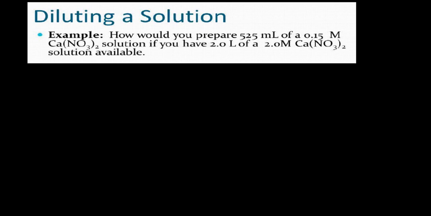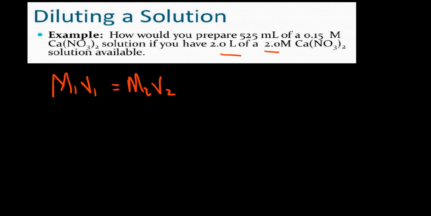Whenever you see such a question where they're saying how can you prepare, just know it is the dilution formula. The dilution formula states that M1V1 equals M2V2. So this M1V1, the number of moles before dilution, equals the number of moles after dilution.